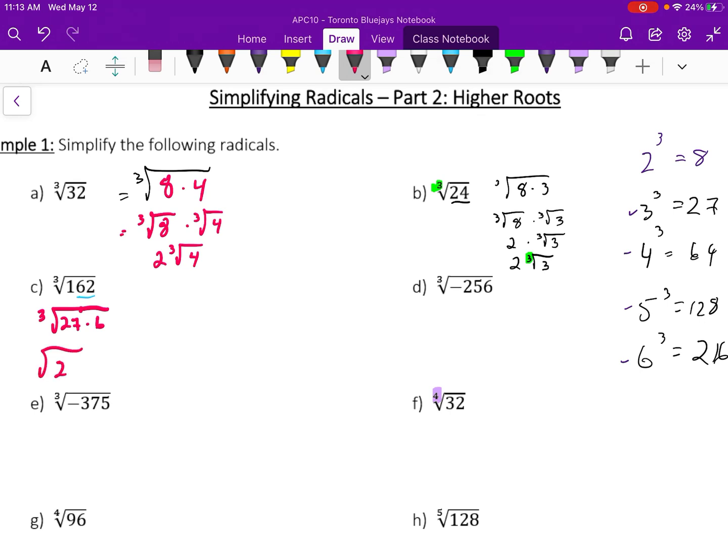So now this is the cube root of 27 times the cube root of 6. Now if you notice, my index has to be 3, because if it's not there, it implies square root. So just carrying this forward, the cube root of 27 is 3. 3 times the cube root of 6. Keep in mind that these are 2 separate quantities.